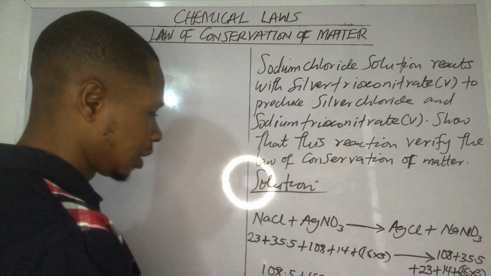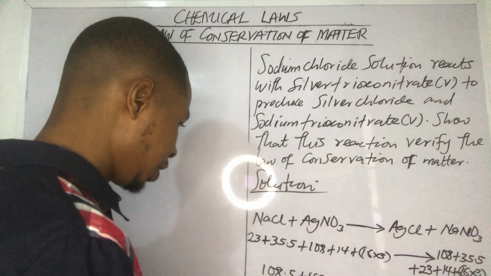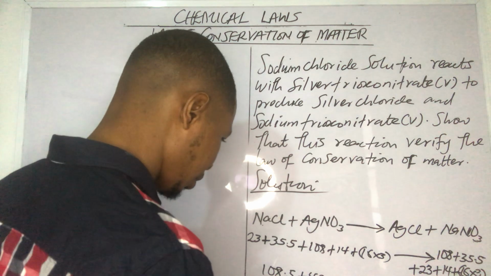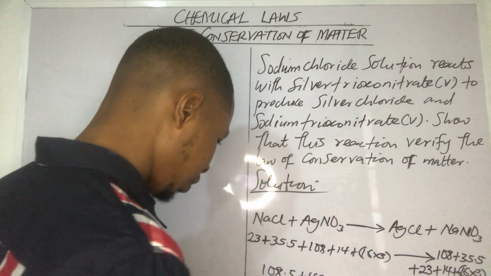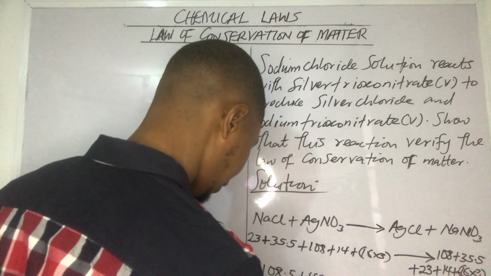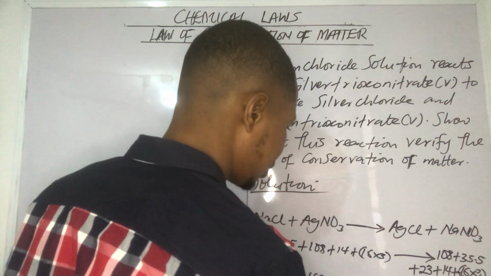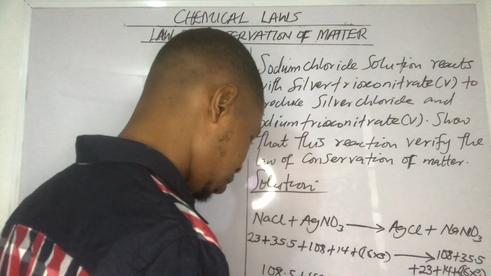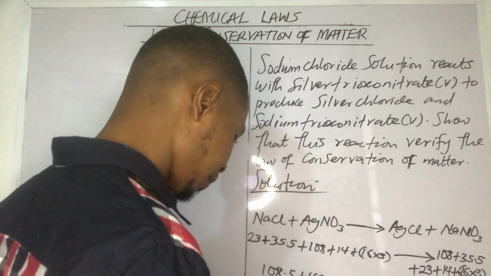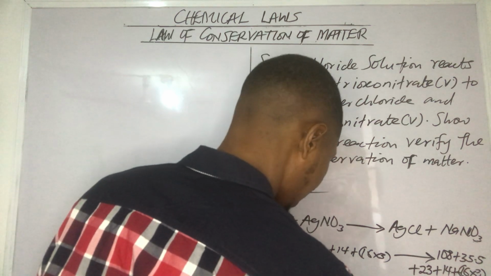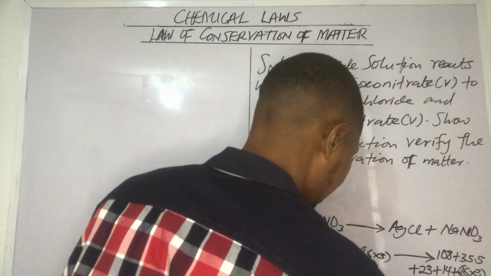So if I add together, you have 180.5 plus 48, that's 228.5, which is equal to 180.5 plus 48, that's 228.5.